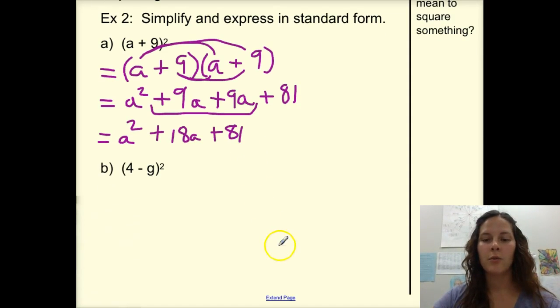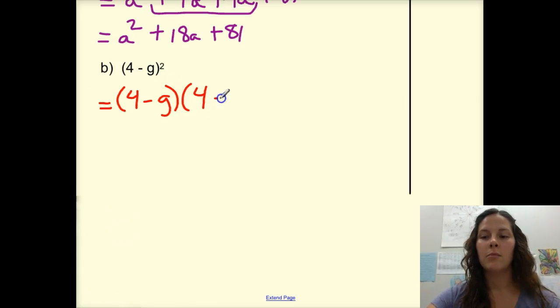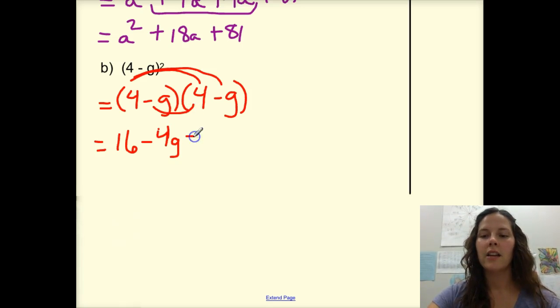One more time with our squaring example. Again, writing this out the long way, multiplying our 4 minus g by itself, and then we're going to use our double distribution. We get 4 times 4 is 16. 4 times negative g is negative 4g. Negative g times 4 is another negative 4g.